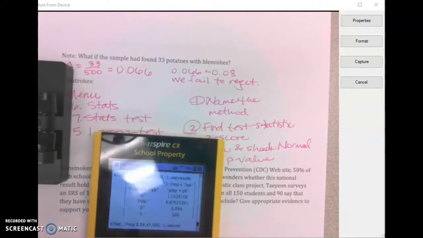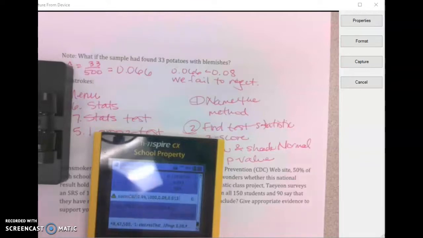Oh, sorry. Let's see. If I pick the right one, this would be more helpful. They do it backwards on here, so a lot of times you feel like clicking the wrong one.